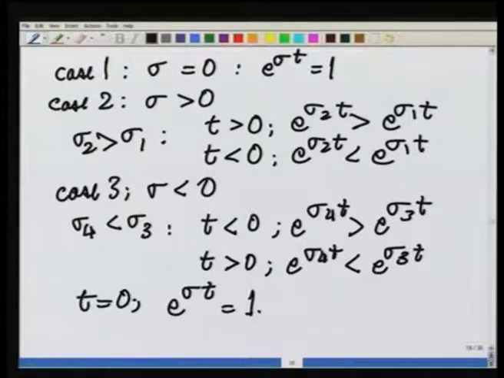But it must be noted that it is not just these that are called real exponentials normally. We include a scaled version of a real exponential also in the real exponential family.